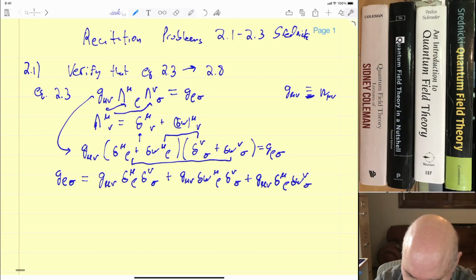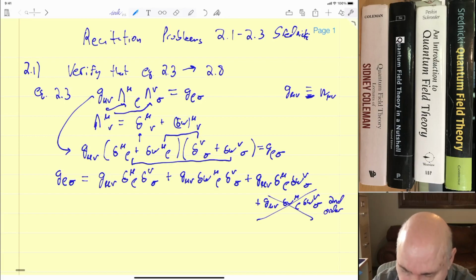And the final term is plus g mu nu delta omega mu rho delta omega nu sigma. But this is second order, so we're not going to worry about it, because delta omega is an infinitesimal Lorentz transformation.